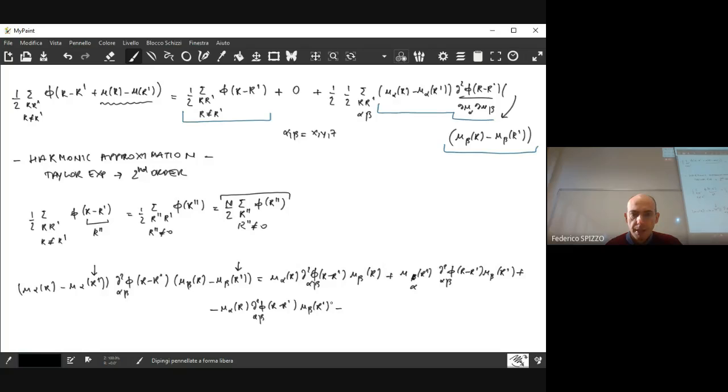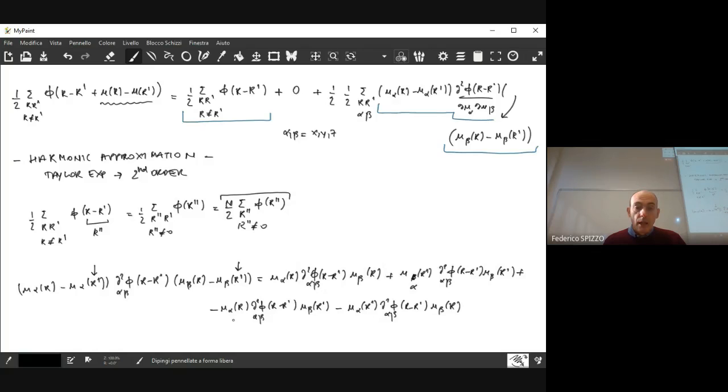So we have one term here, and then the second term, u alpha r prime, second derivative, and then we have u beta of r. Please note that here we have r and r prime for what concerns the deviations from equilibrium. Then we have r prime and r.